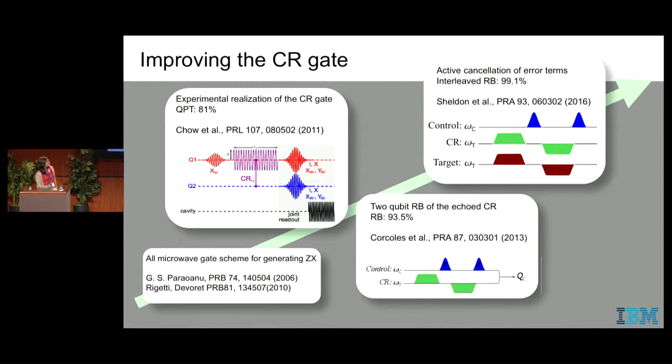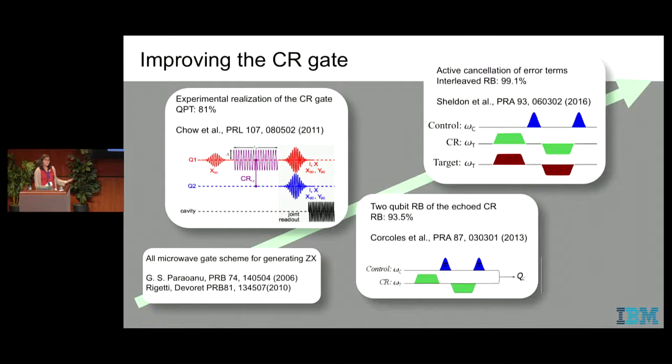But over time, we've implemented an echo sequence, and most recently the same echo sequence with active cancellation to cancel out extra terms in the Hamiltonian. The cross-resonance gate has this ZX term, but there are other terms that we don't want when we're making a CNOT gate. With that, we have reached 99.1% gate fidelity, measured with interleaved randomized benchmarking.